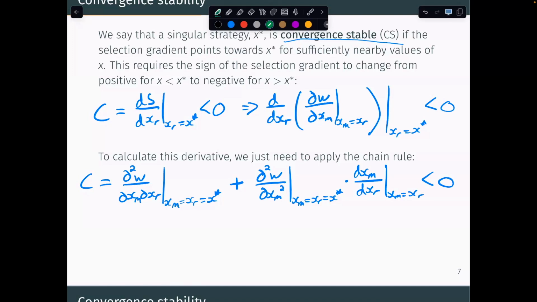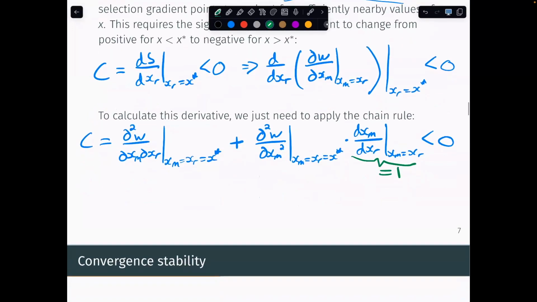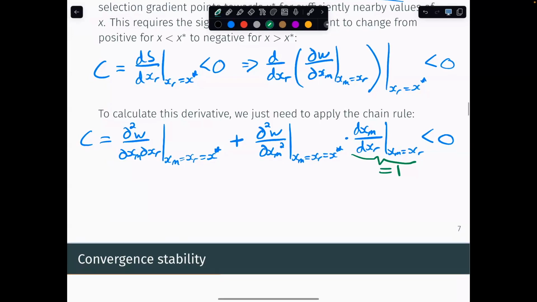We're evaluating this as xm is equal to xr because we're going along that main diagonal. This here is just going to equal 1. So that's nice, that just disappears. Does anyone recognize what this is? Exactly, yes.